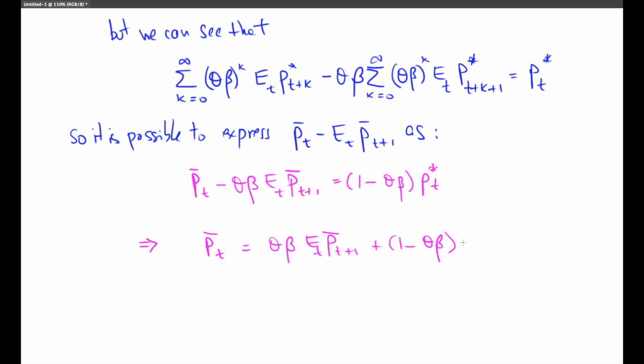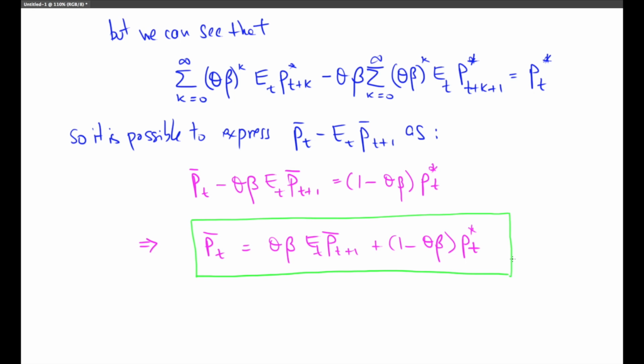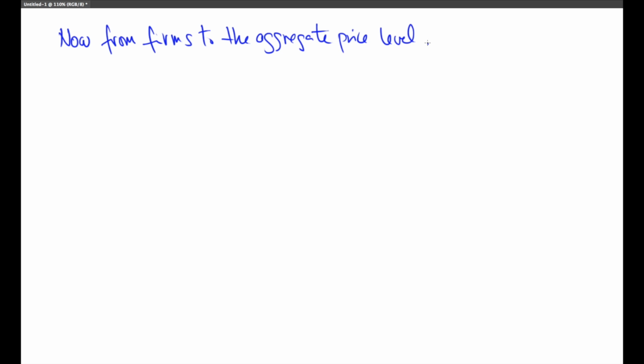Don't forget this expression that we are going to use in the following seconds. So that's the expression for the optimality of the definition of the optimal level of prices for the firms.